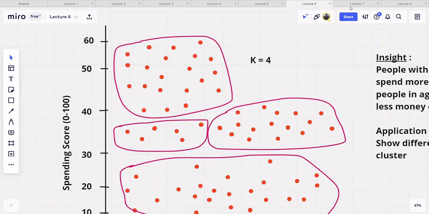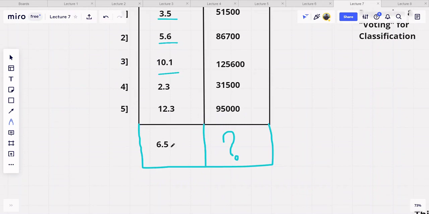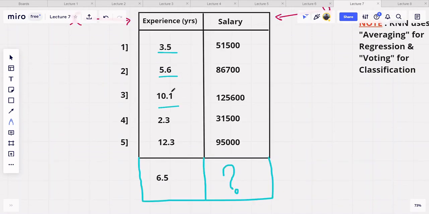In the same way, 6.5 is close to these three values in our data set. The reason we chose 3 here is that our k is 3.